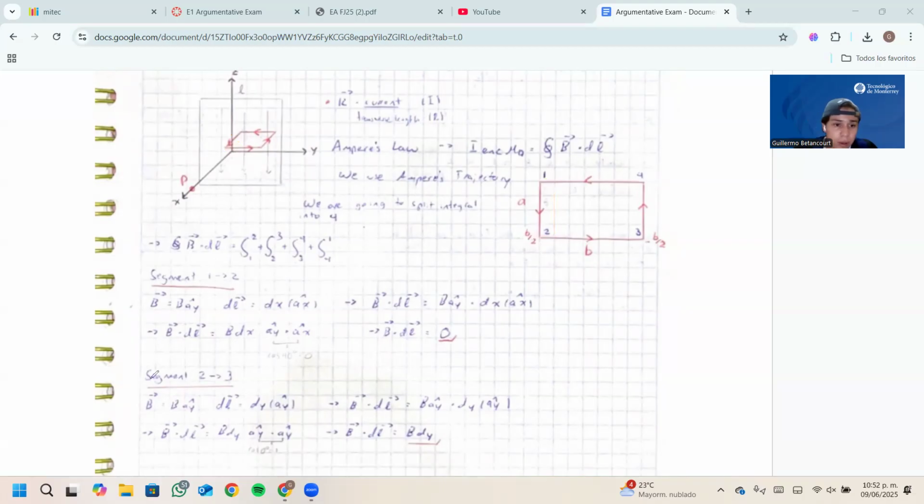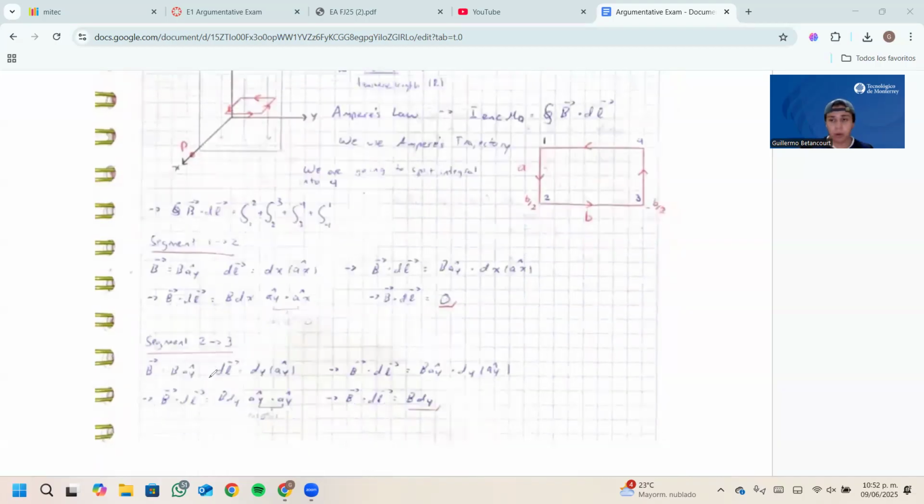Now for segment 2 to 3, we know the magnetic field is the same. The differential of length is in the y direction, as we can see here. And then we know that cos of 0 is equal to 1. So we're only left with this expression.